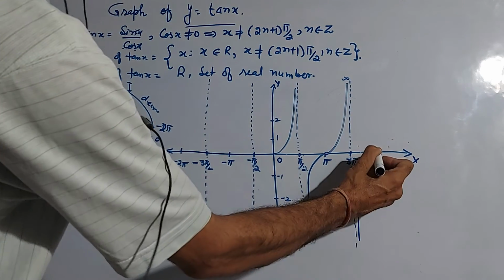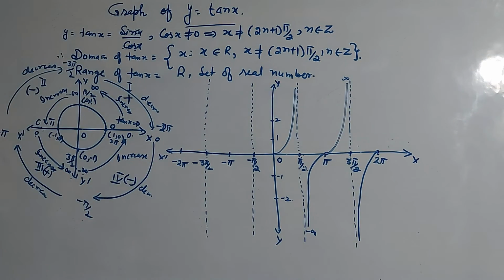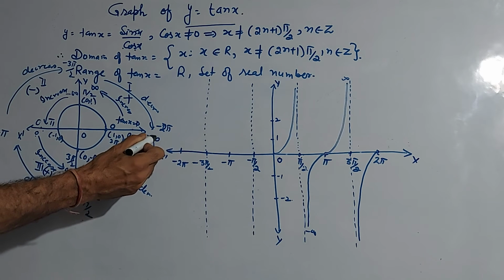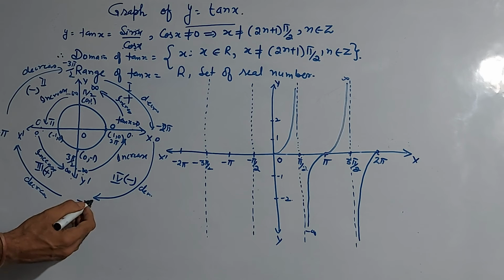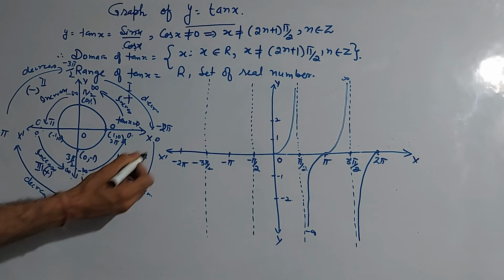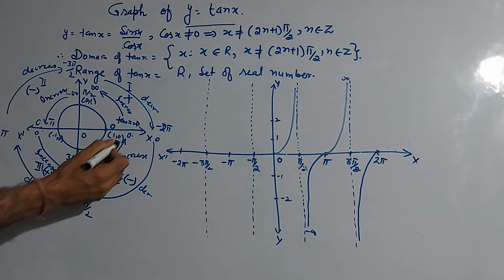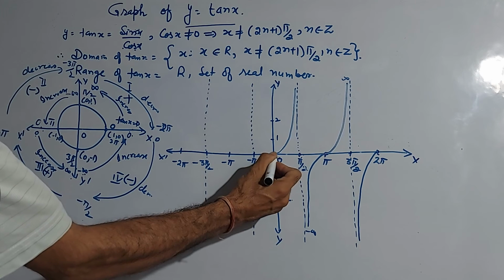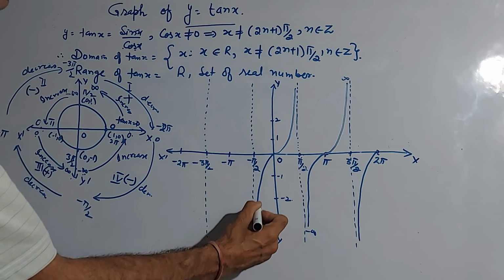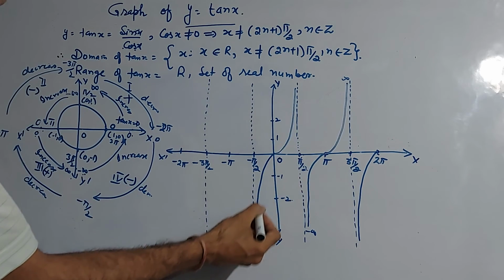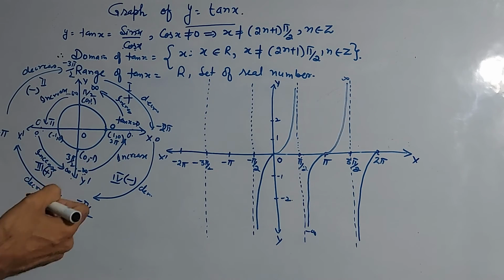Now if we go in the clockwise direction, the value decreases from 0 to minus infinity. The value will be the same but decreasing in this direction, 0 to minus infinity, like this. So this curve is the same curve.